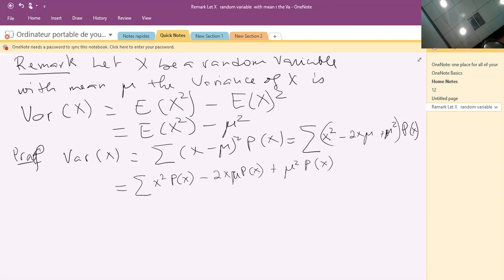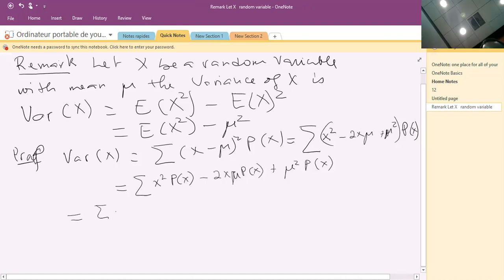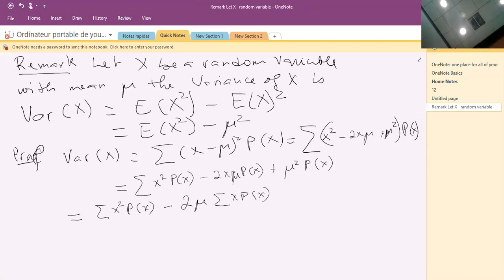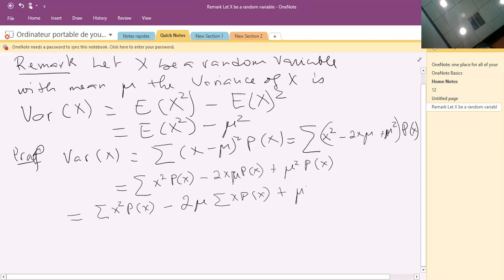So we will distribute the sum: the sum of x squared times p of x, minus, we can take the 2 and mu out, sum of x times p of x. Because in a sum, a constant can be moved out of the sum as a factor. That is why I move 2 mu out, because mu is a constant and 2 is a constant. Then plus mu squared times the sum of p of x.